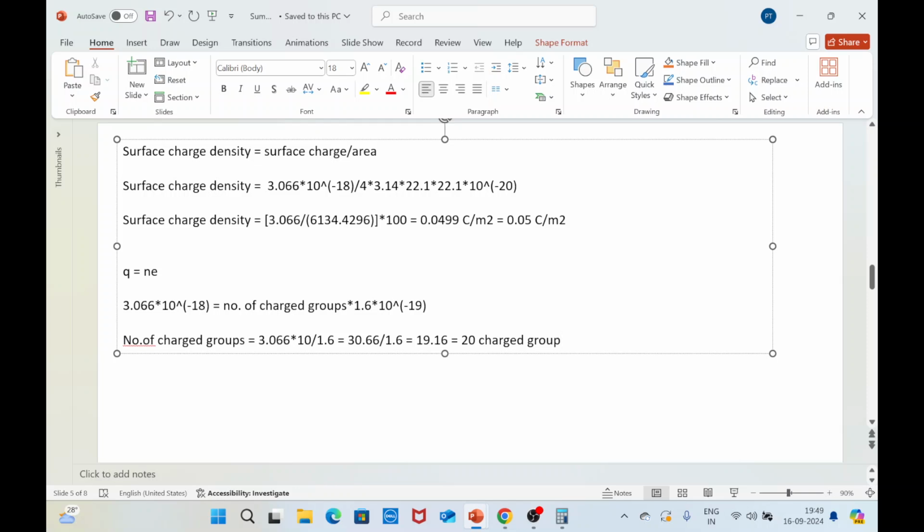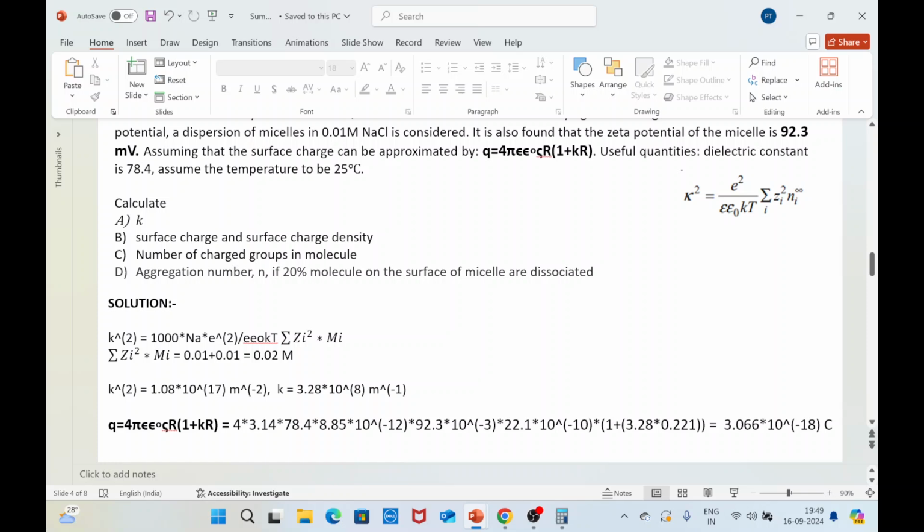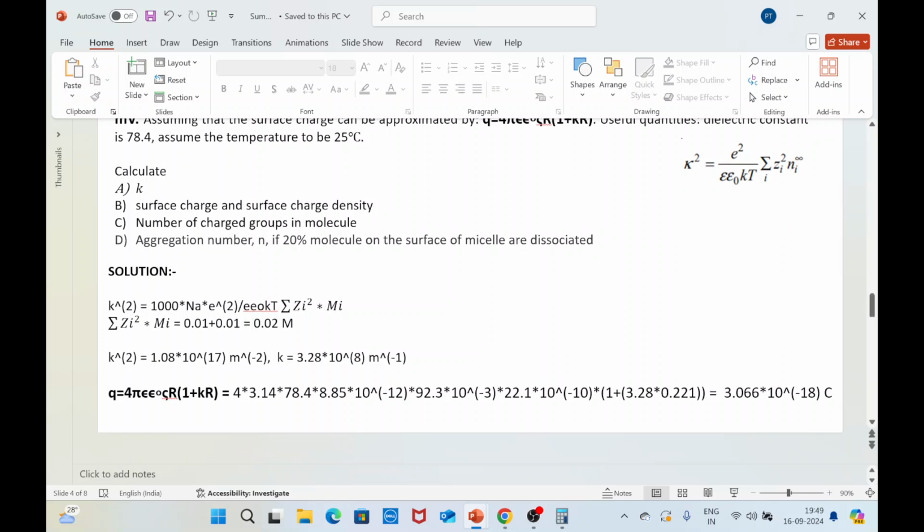You have so much charge on the surface or in the micelle. You know the charge of one particular group, that is 1.6 times 10 power minus 19. You are just asked to calculate how many groups are present in the micelle or in the molecule.